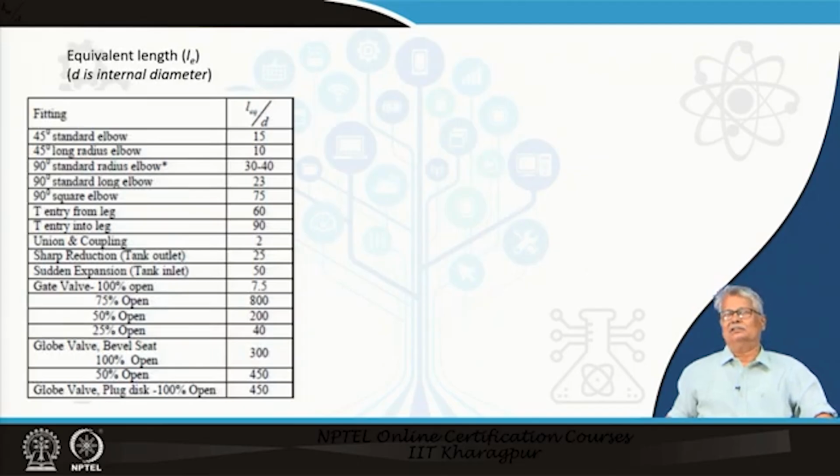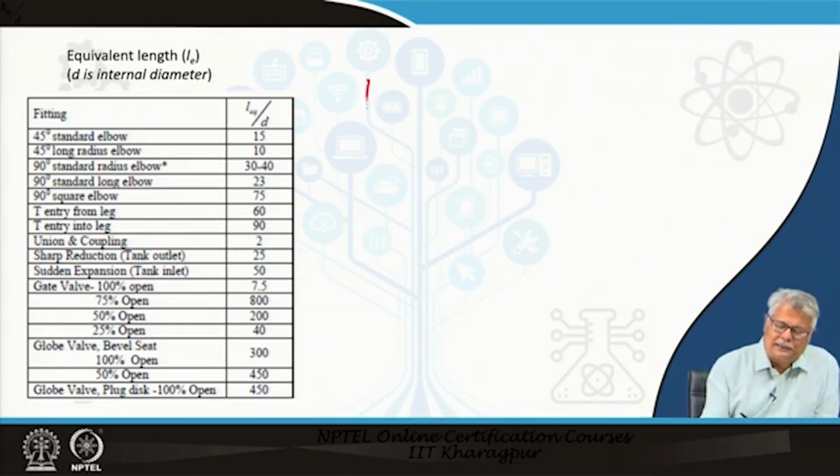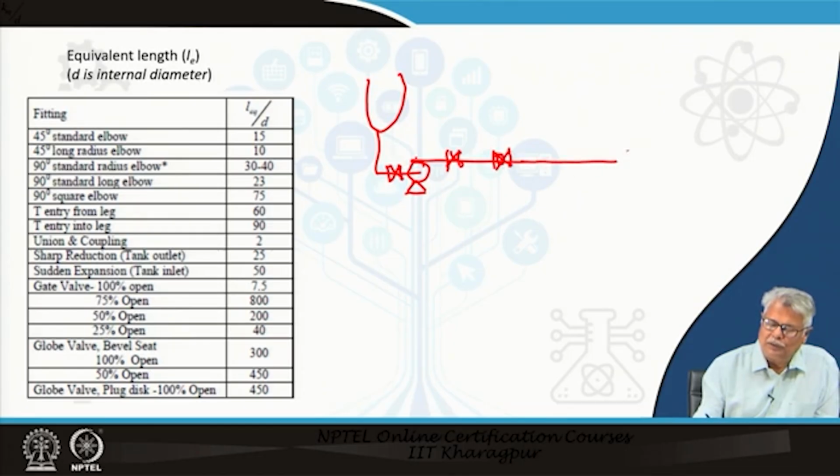Now comes the pressure drop in a total pipe. Suppose I have a distillation column. From here the liquid is taken out, it has valves here, both are gate valves, and in order to regulate the flow I also have a globe valve here. Then I send it to a cooler, cooling it.